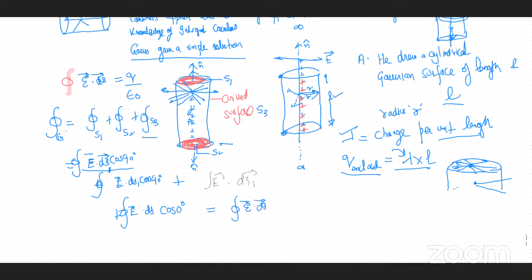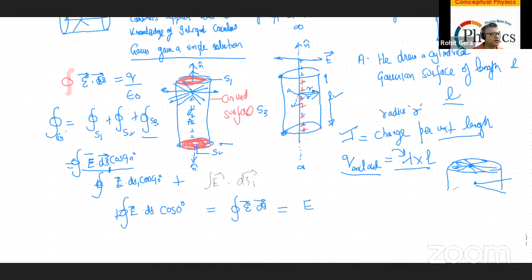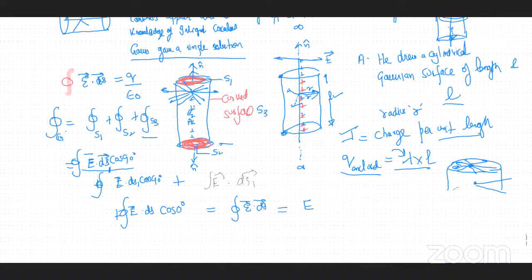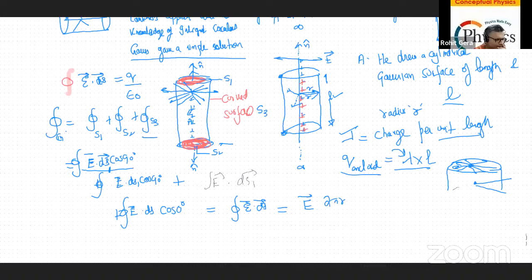How much is the curved surface area of a cylinder? 2 pi R L, where the length is L. And it is cos 0, so the dot product is taken care of, into 1.